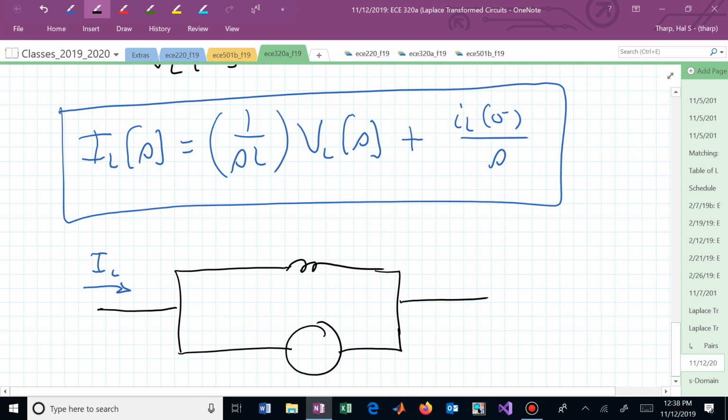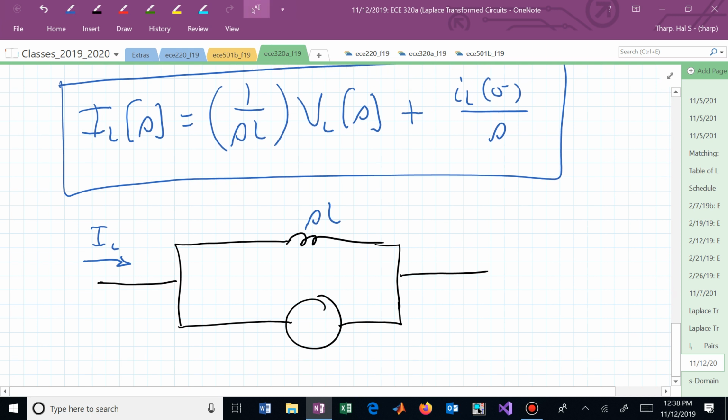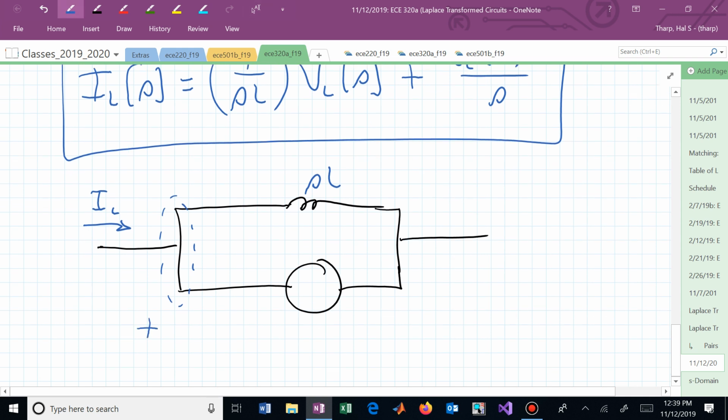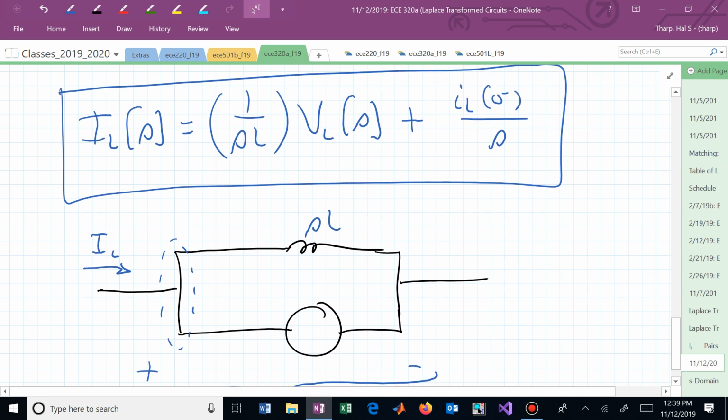An impedance piece and a current source piece, where the current source now, if you think about writing KCL at that node, and here is our inductor's voltage, V sub L of S, then the first current up here is due to that piece. That's V sub L over SL, V sub L over the impedance of that inductor.